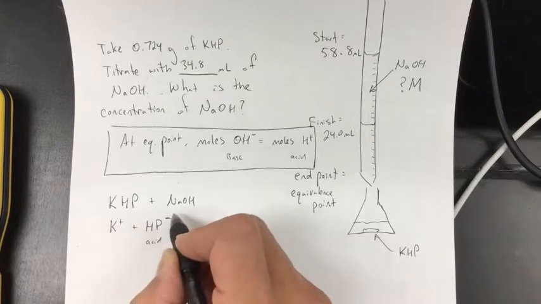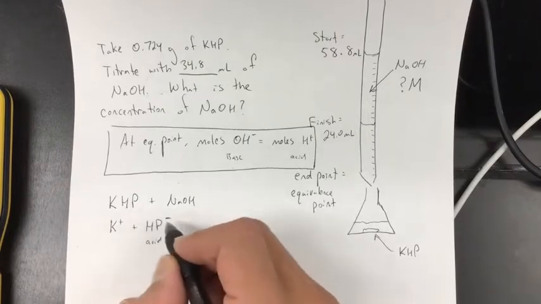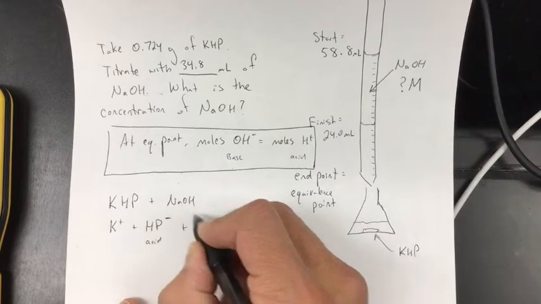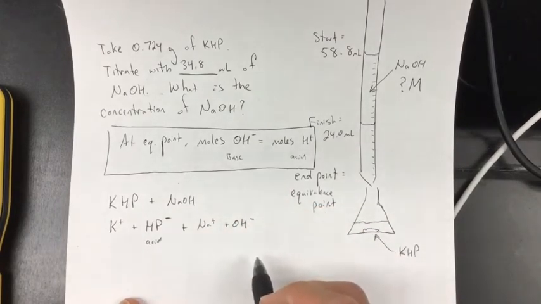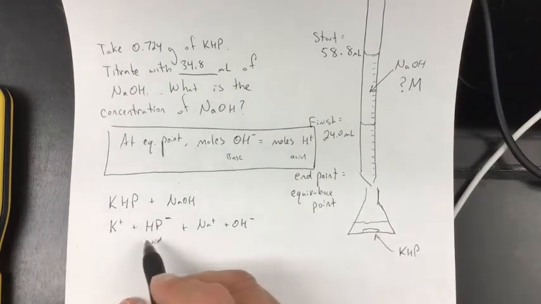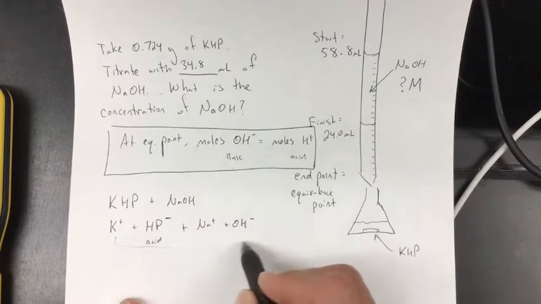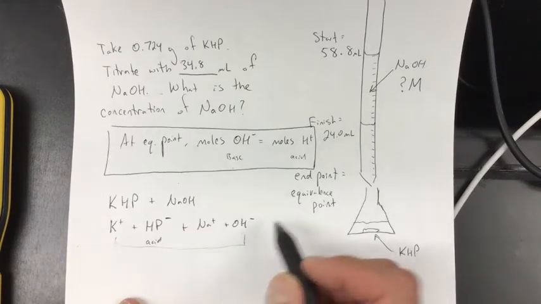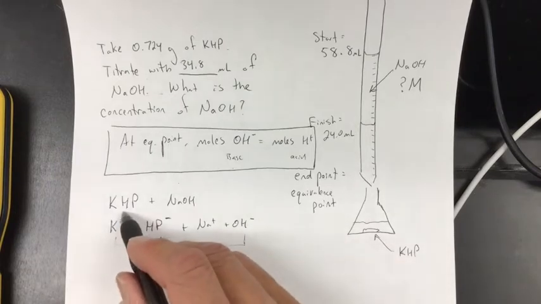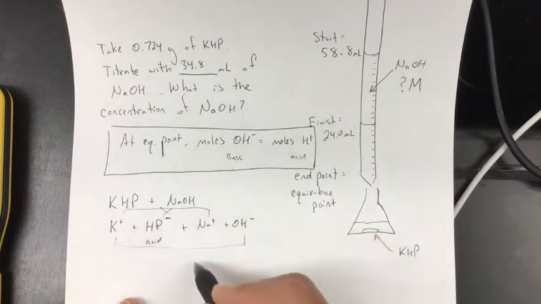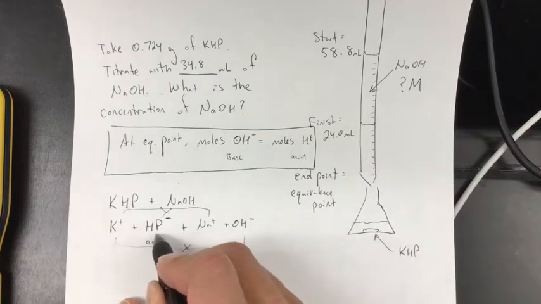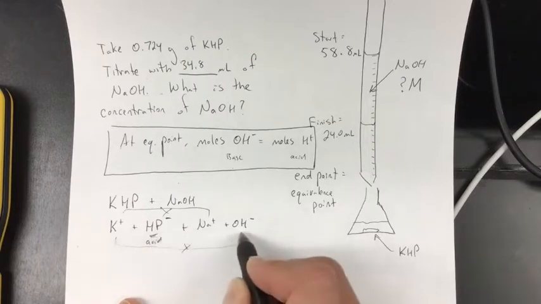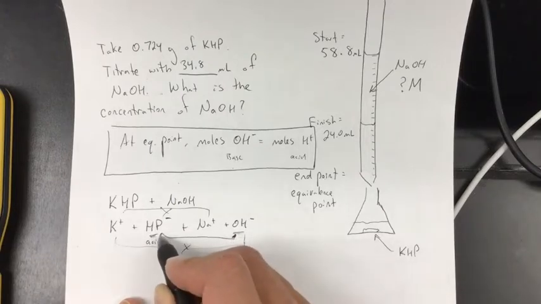Okay, so kind of weird to have a negative charge for the acid, but the HP is all together. Plus Na plus OH minus. And, well, the K and the OH not going to react. K and Na also not going to react, okay? In this case, the acid and the OH are going to react.